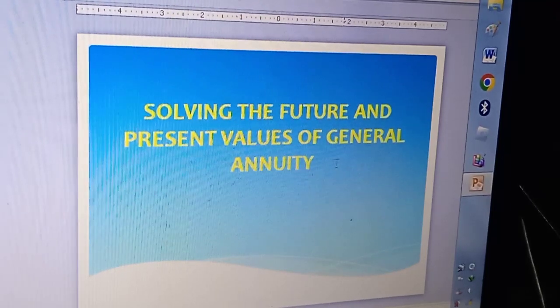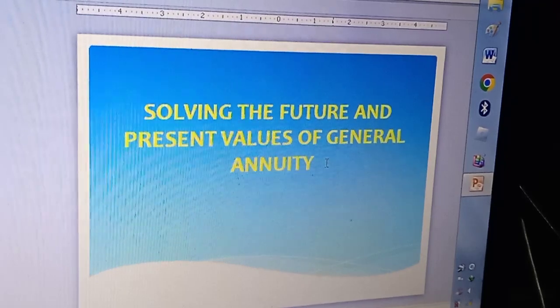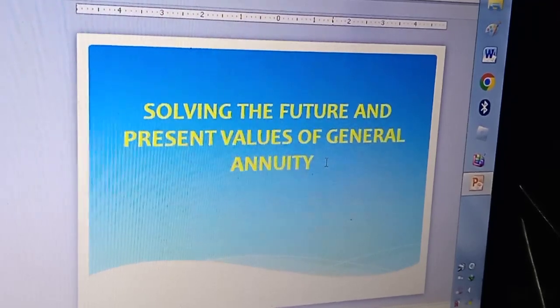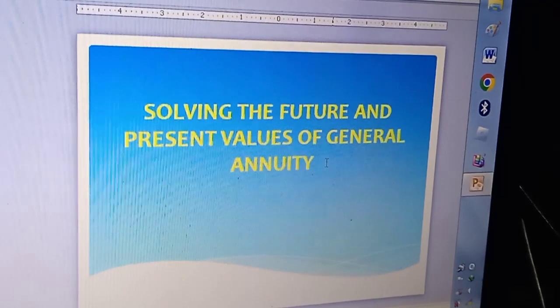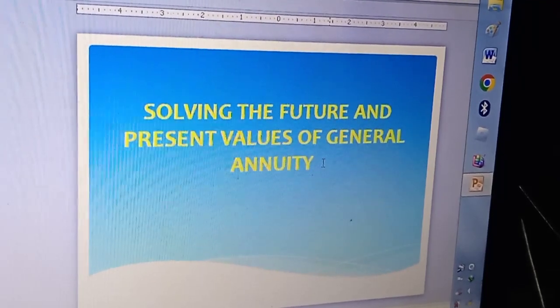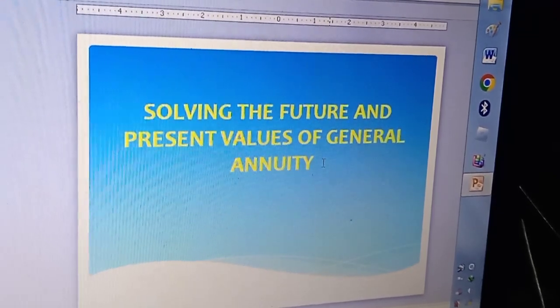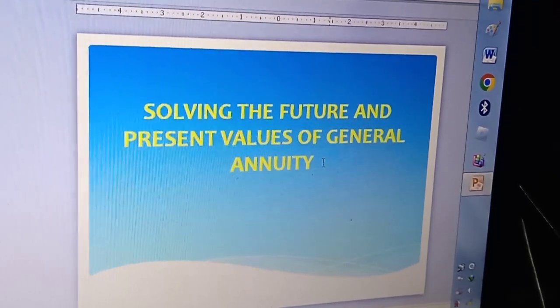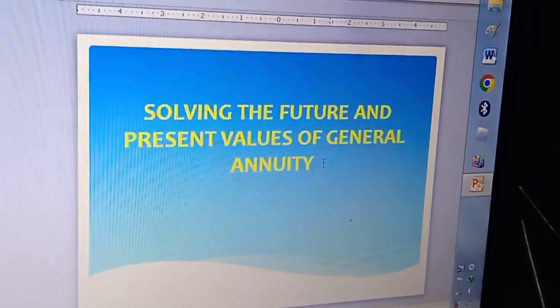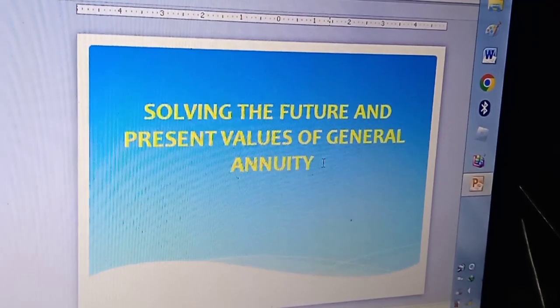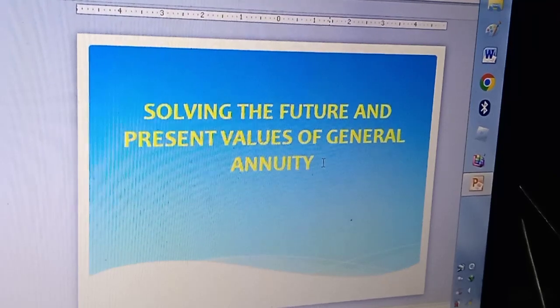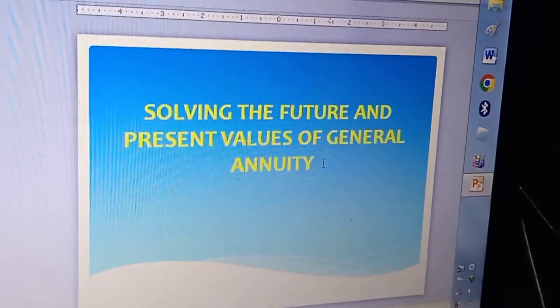And in general annuity, the payment period is not the same as the compounding period. Meaning the time of the compounding period does not jive with the time of the payment period. So there is a need to convert the rate per compounding period into the rate during the payment period.